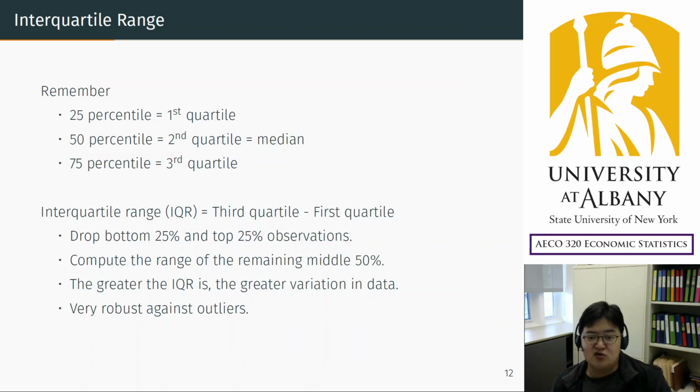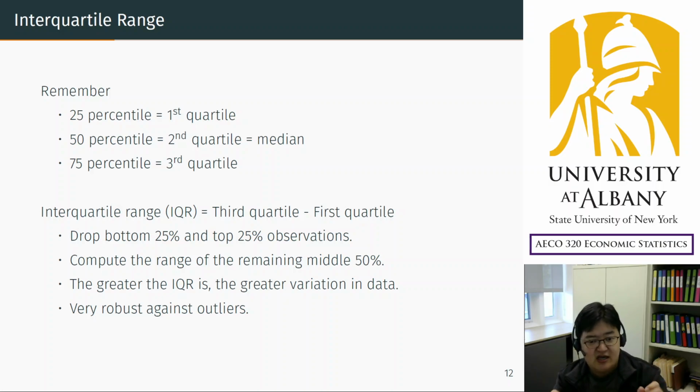So what we are going to do is delete the bottom 25% and top 25%. You may understand it as assuming that the bottom 25% and top 25% can be outliers. Then you only have the middle 50% of observations, and we recalculate the range within them.